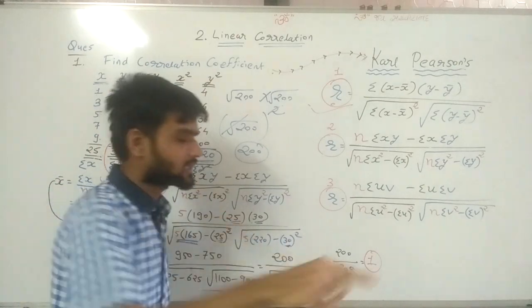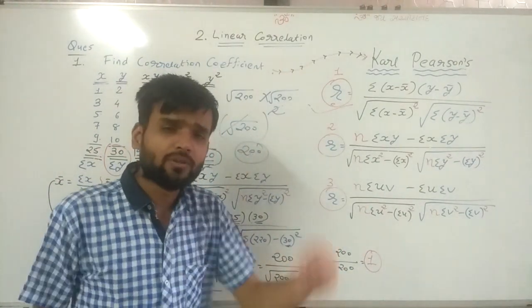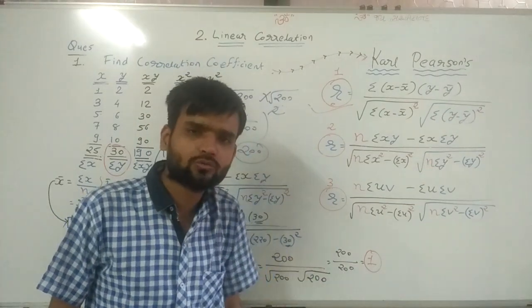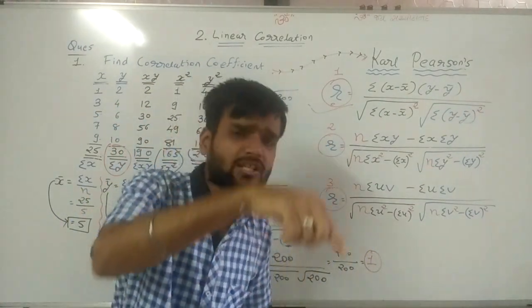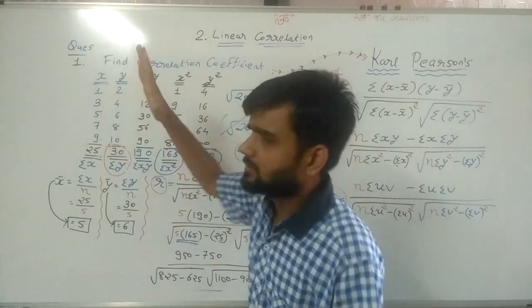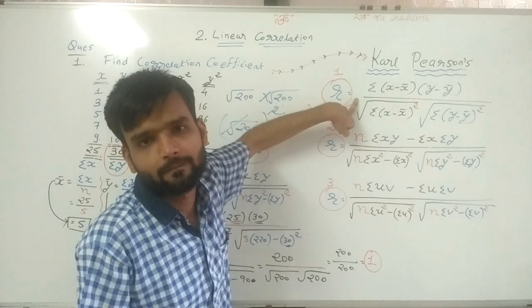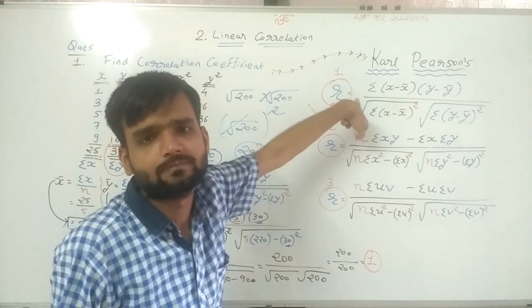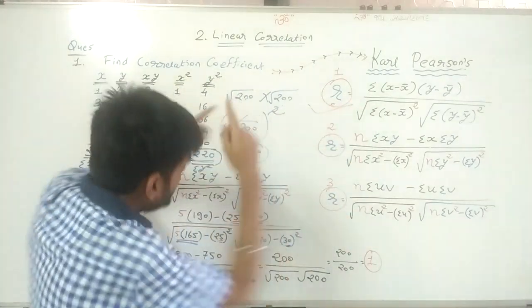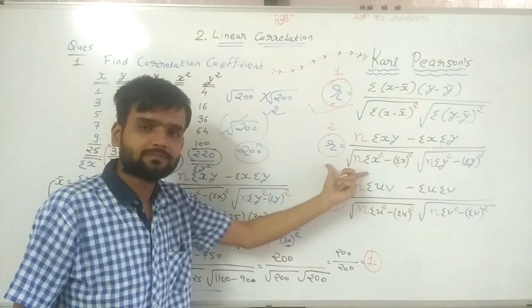Now you can compare this answer with your past answer also. The answer is the same. In the last lecture the same sum was solved with the first formula, and here the same sum is solved with the second formula.